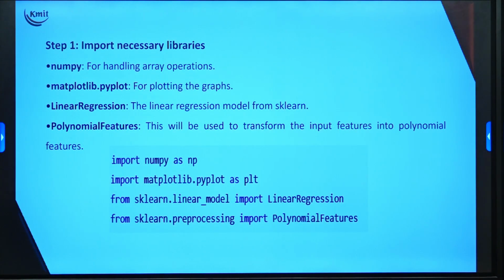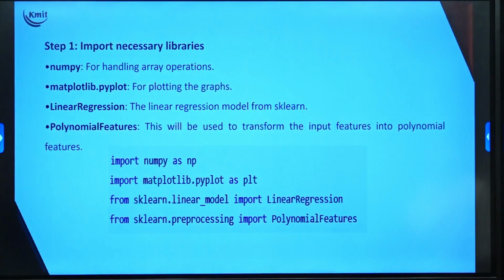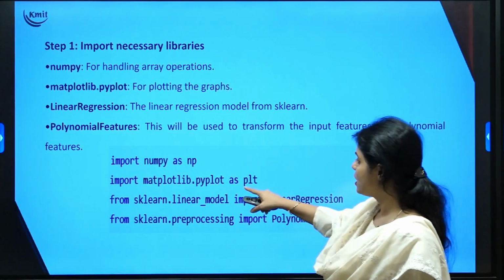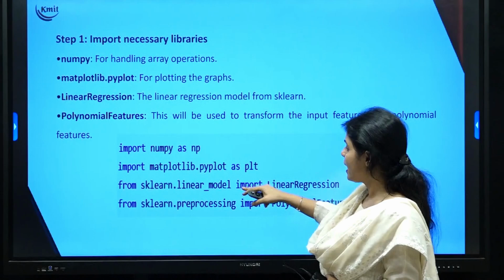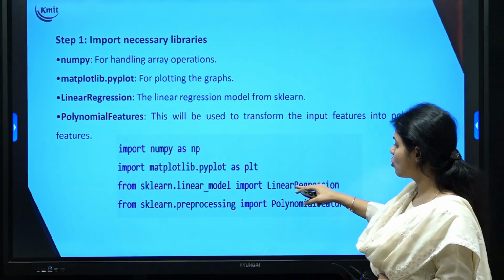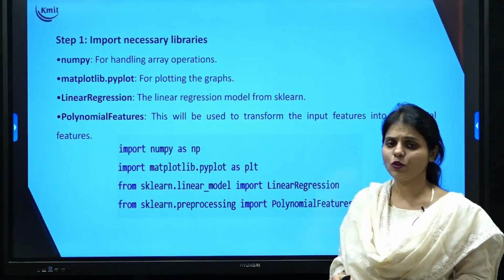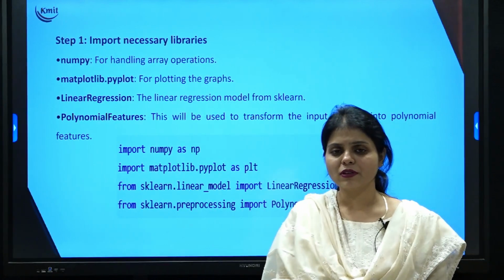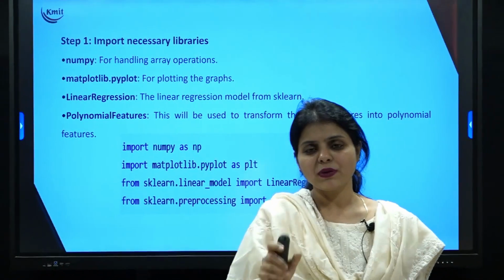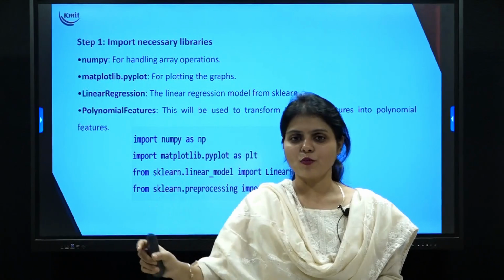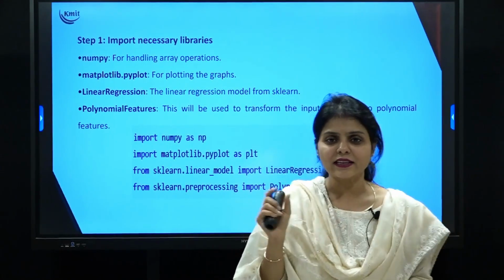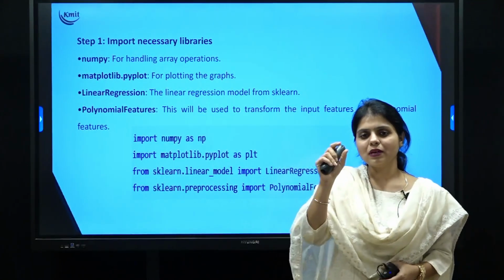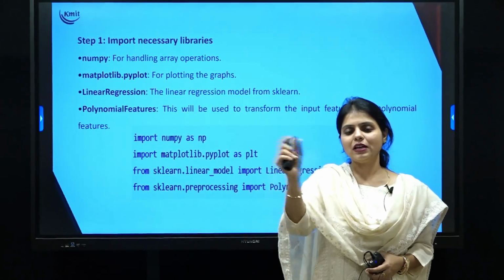When we talk about importing libraries, similar to before, we import numpy as np for handling array operations, matplotlib for plotting the graphs or visualization, and from sklearn.linear_model we use the same function again. As I discussed in the previous class, whether we use simple linear regression, multiple linear regression or polynomial regression, the only function used is LinearRegression. For multiple linear regression we take different x values.